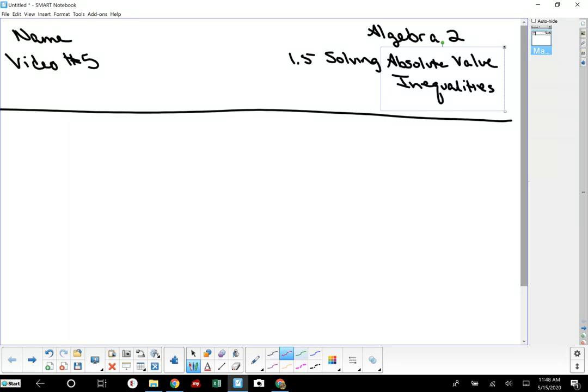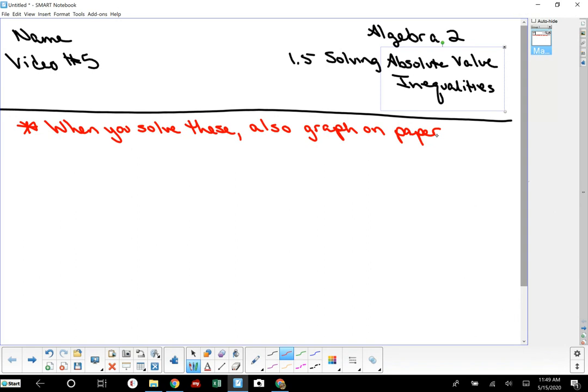When you're doing your work on paper, be sure that you also graph the solutions on paper before you just go put them in Varsity, because that will help a lot with the interval notation we're going to talk about.